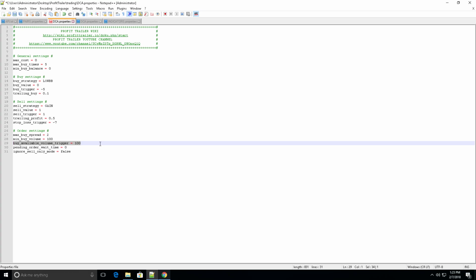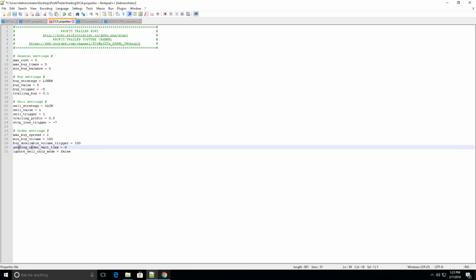For example, if it's trying to buy 10 NEO, but the market only has 9 NEO available, then it will not buy. It will wait until the market has an order that has 10 or more NEO for it to buy, basically.